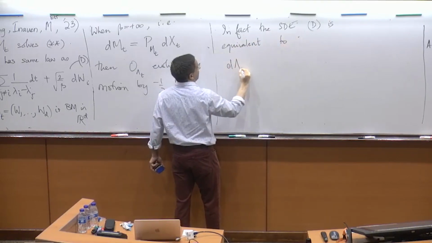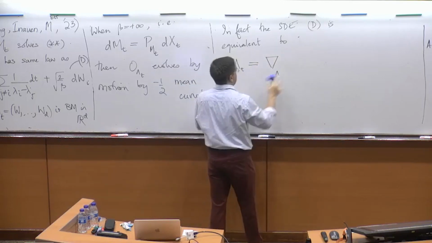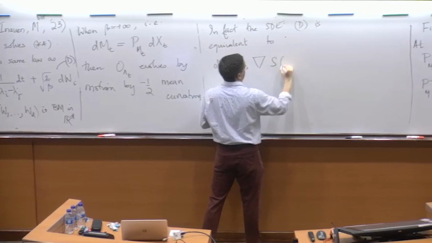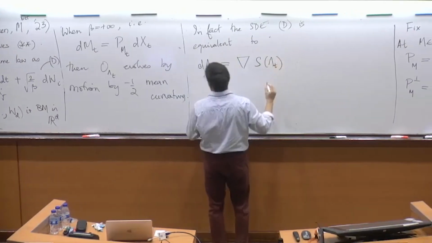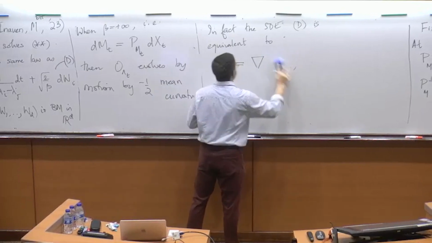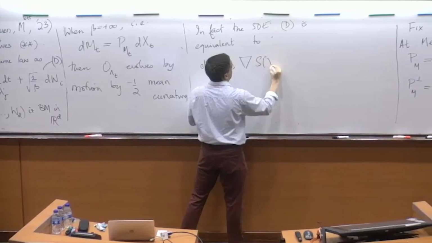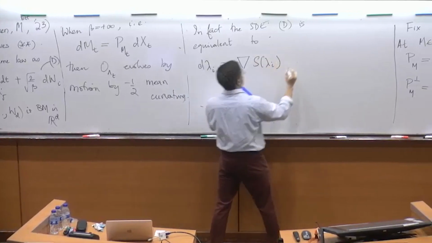Let's write d lambda_t is equal to grad s of t. Let me not be too crazy. Let's say d lambda_i is equal to grad s of lambda_i.